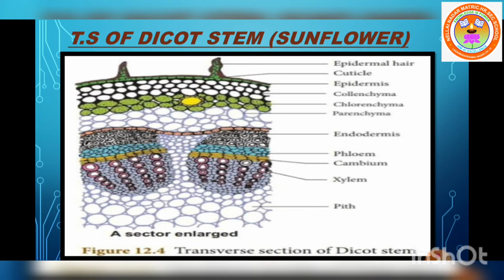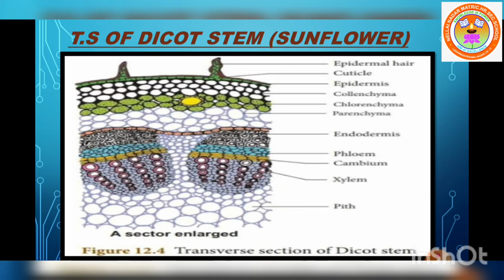Next, third zone. The third zone is made up of parenchyma cells. These cells store food material. So the major function of parenchyma is storage. So these are all the three different zones in cortex of dicot stem.